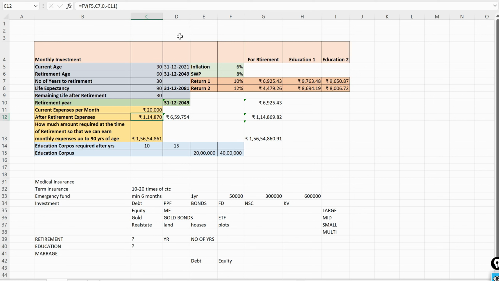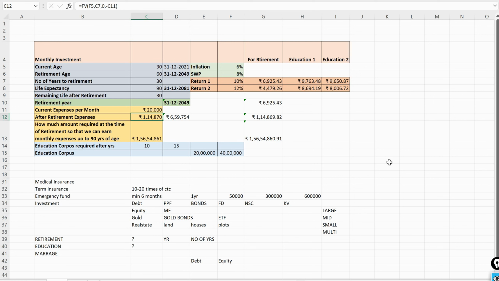So suppose my age is 30 and my monthly expense is 20,000, then after retirement the expenses will go to 1,14,870.